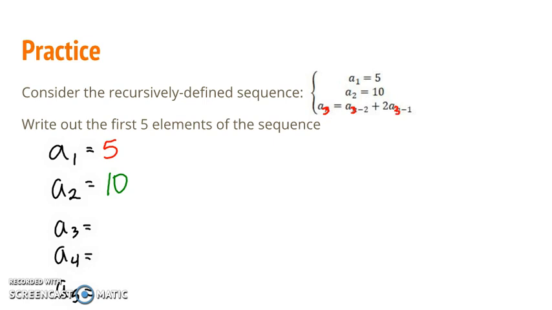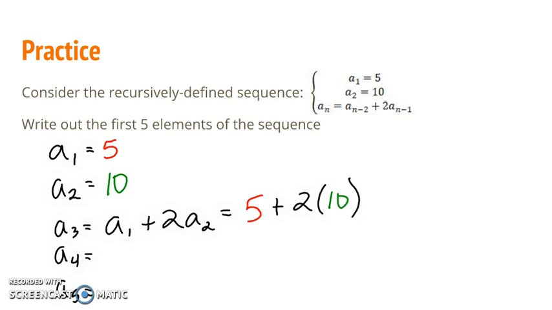So my formula for a sub 3 is a sub 1, because 3 minus 2 gives me 1, plus 2 times a sub 2, because 3 minus 1 gives me 2. That gives me a sub 1, which is 5, plus 2 times a sub 2, which is 10. 2 times 10 gives me 20, plus 5 gives me 25.